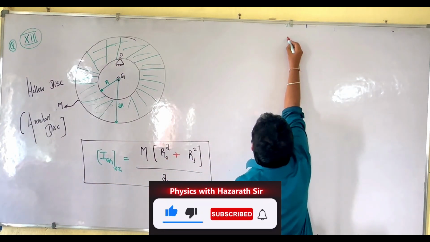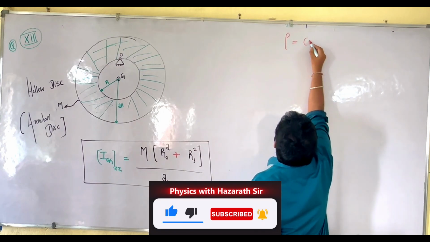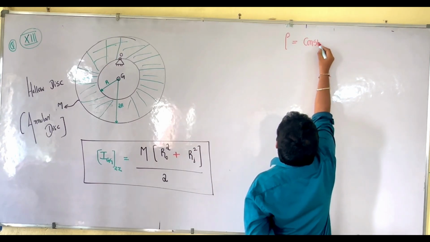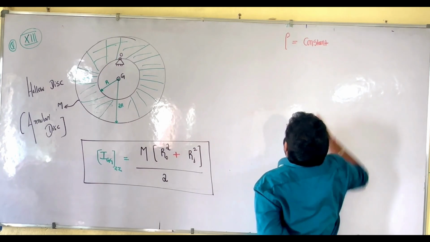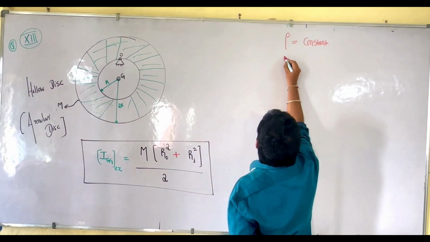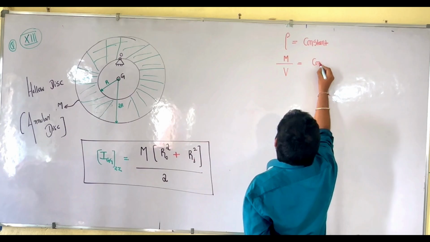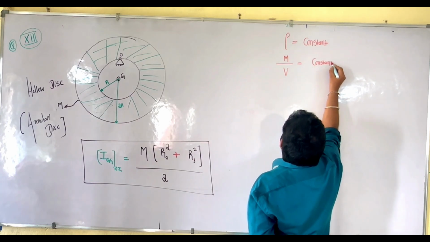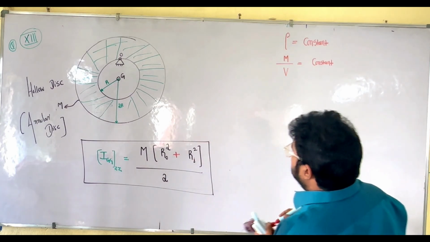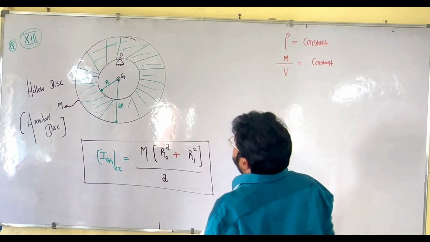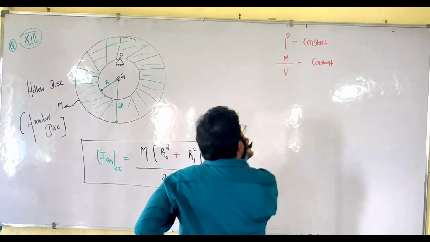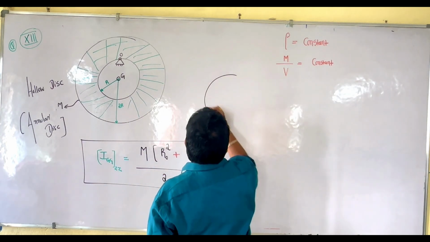Density is constant. Mass per unit volume is constant. Now tell me, here we need to talk about the hollow disk.